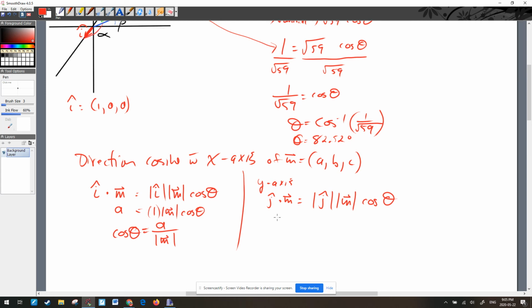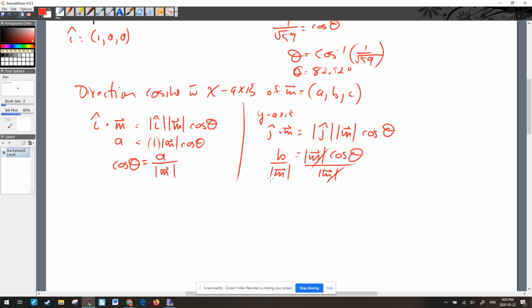In this case, j hat dotted with m is just going to be the b coordinate, is equal to the magnitude of m times the cosine of theta. Divide both sides by the magnitude of m, that's going to go away. And similarly here again, that means that the cosine of theta is equal to b over the magnitude of m.